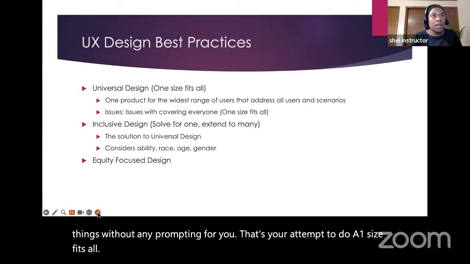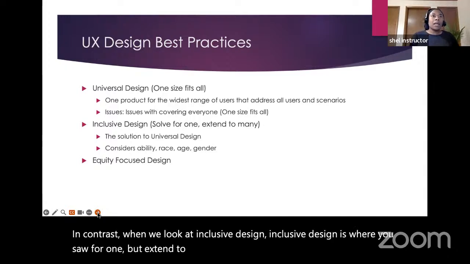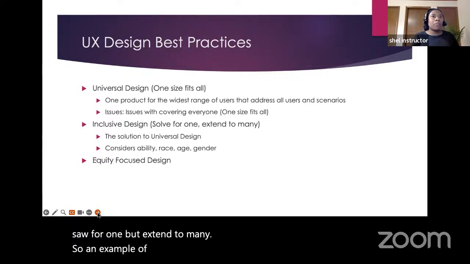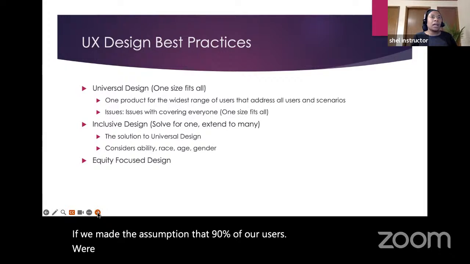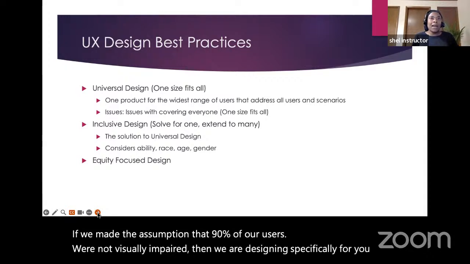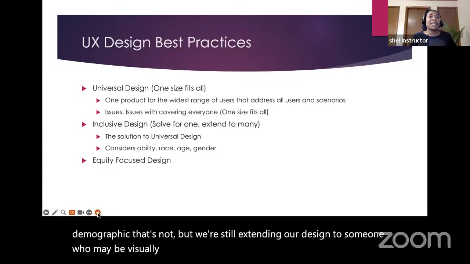In contrast, inclusive design is where you solve for one but extend to many. Using that same example, if we made the assumption that 90% of our users were not visually impaired, then we are designing specifically for that demographic, but we're still extending our design to someone who may be visually impaired so that they can experience it as well.